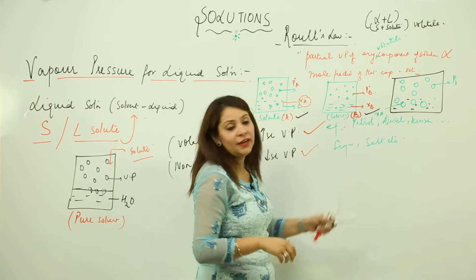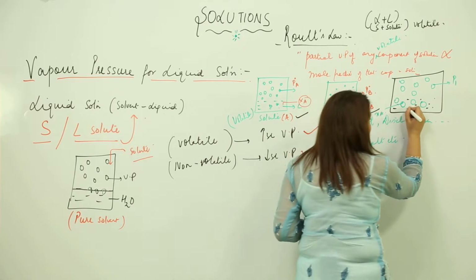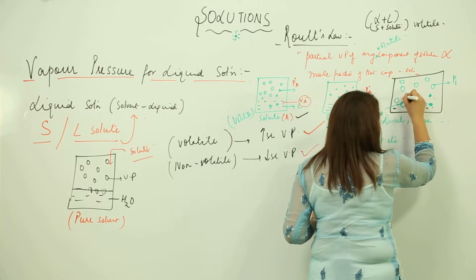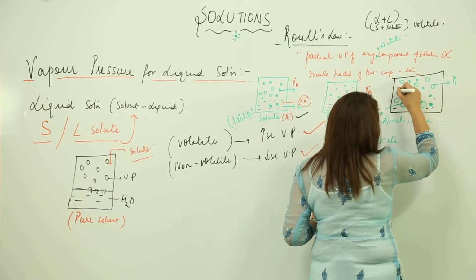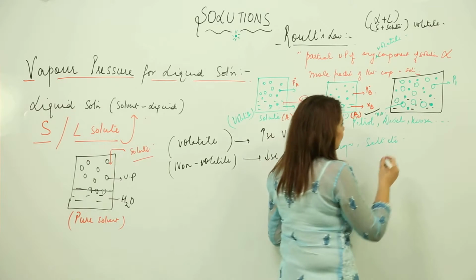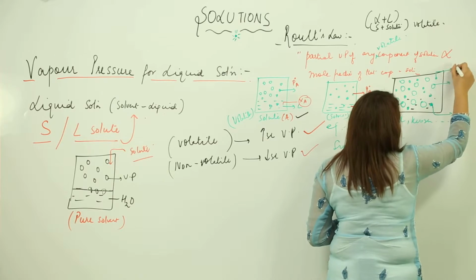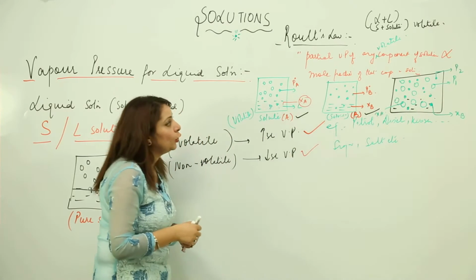Now we have the solvent, and it is also volatile, it also has a tendency to escape. So let us make it with dark circles. They are also present in the vapor form. Let us say the mole fraction of this solvent is XB and the pressure due to it is P2. Now what does Raoult's law actually want to say?